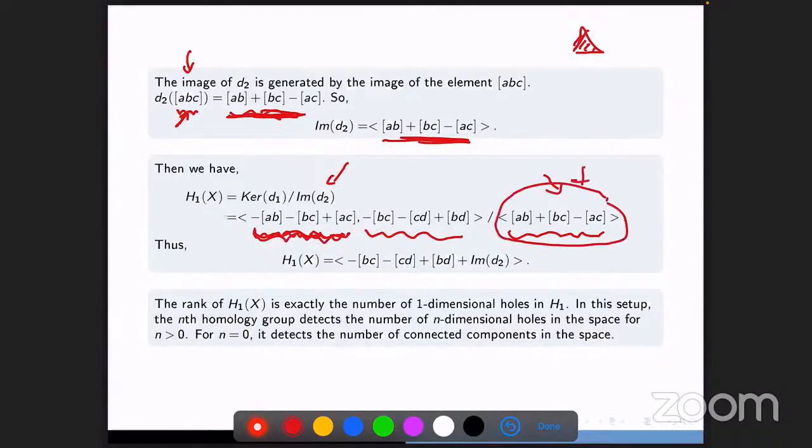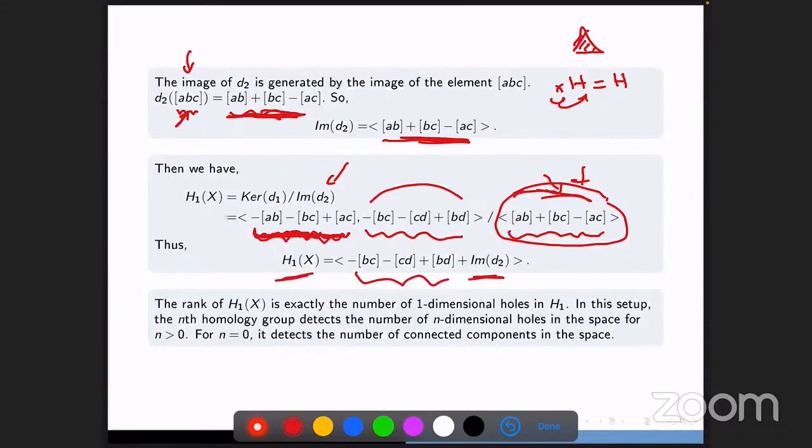And as you remember again, xh is equal to h when we have this x as an element of this h, right? So this is an element of this subgroup here. Then if we form the quotient, this is going to be mapped to the 0. So we are only going to be left with this element plus image D2. So we have one generator for this h1x.